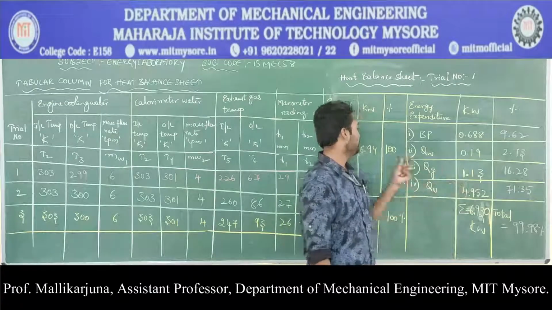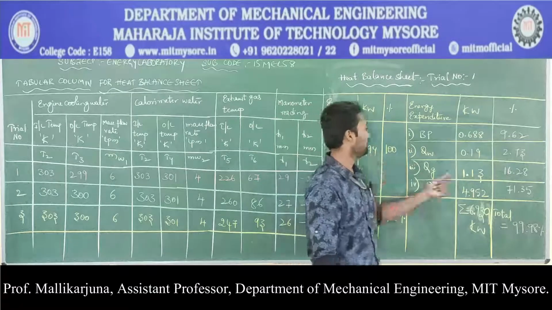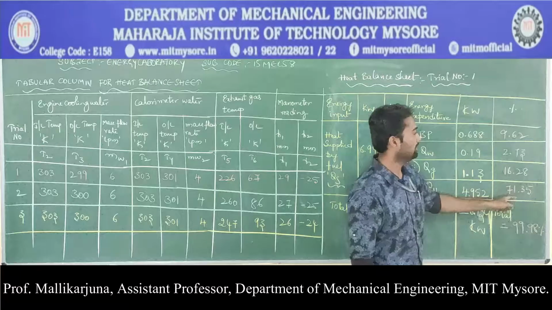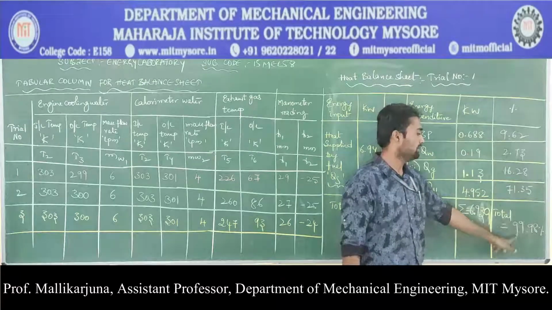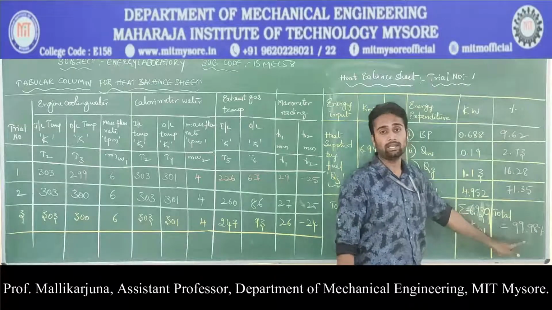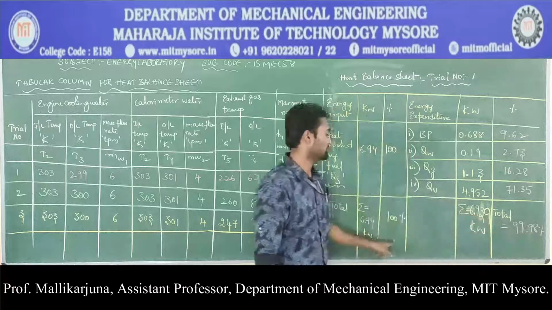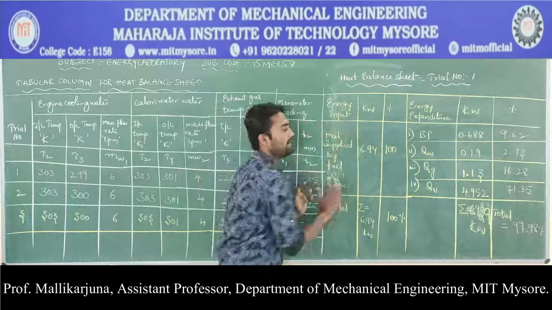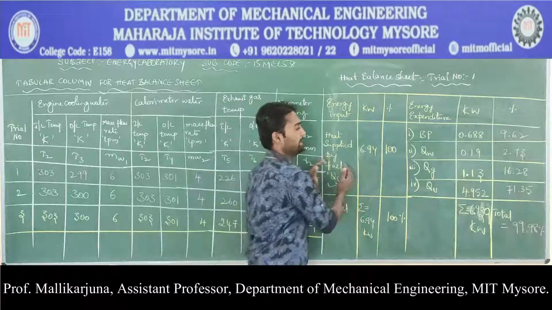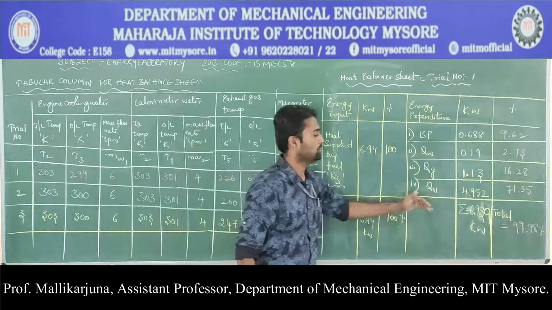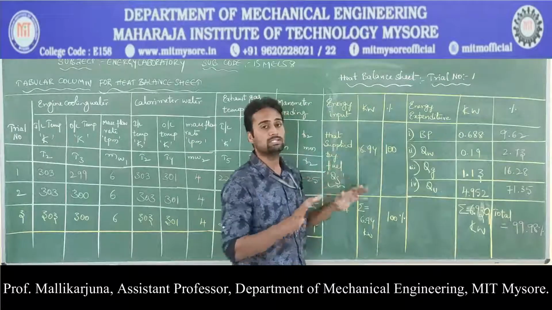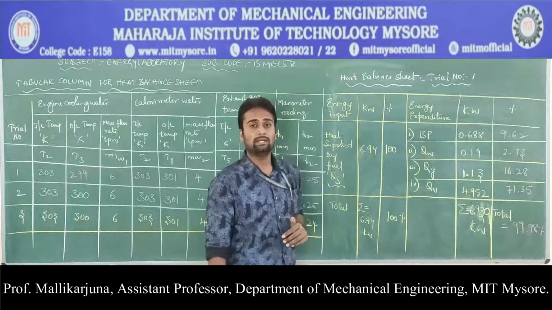And 4.952 divided by 6.94 gives 71.35 percent. If we add all these percentages, it turns out to be 99.98 percent, which is almost equal to 100 percent. In the sense, in this heat balance sheet, the left hand side is almost equal to the right hand side. Because of that, we can say energy is balanced by the engine.